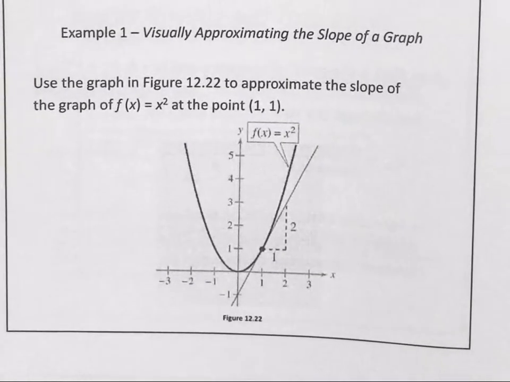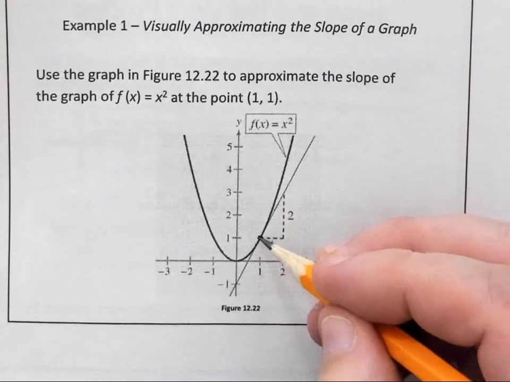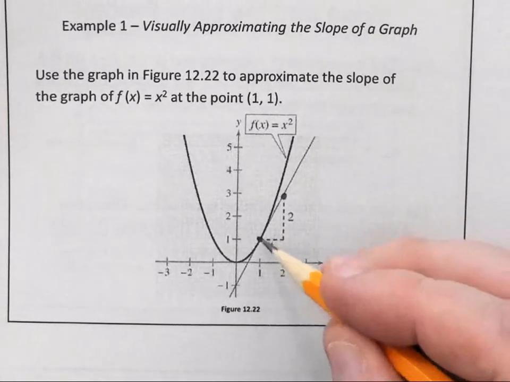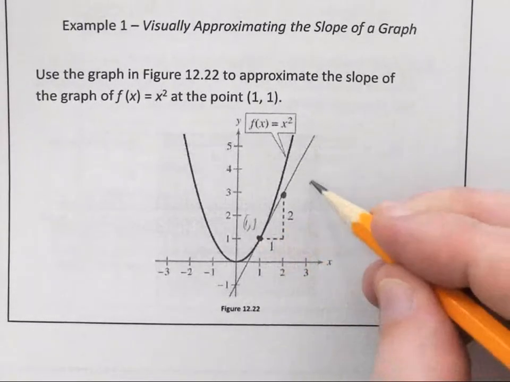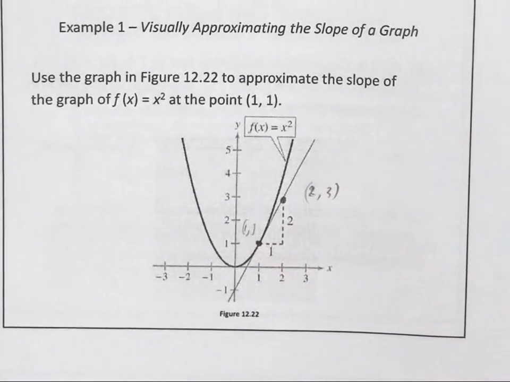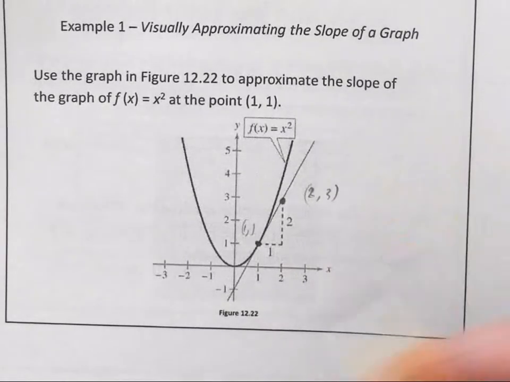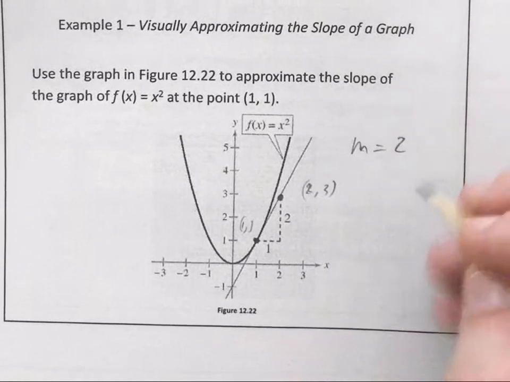For this, I can approximate the slope of this graph by using this line that appears to be tangent, and then going from this point to this point. Well, this coordinate's obviously 1, 1. What would this one be? 2, 3. So by using those two, I can figure out the slope of this line. What would be that slope, real fast? 2.